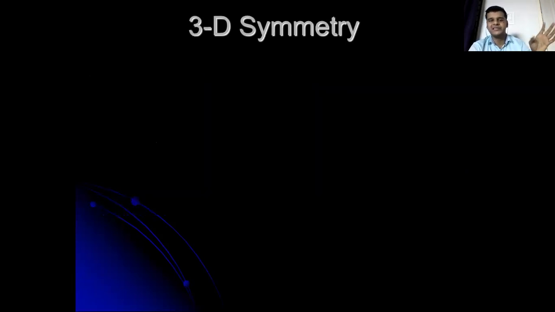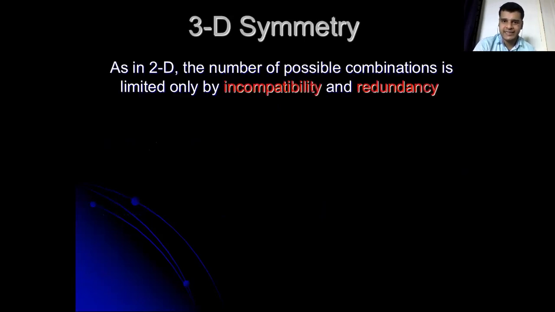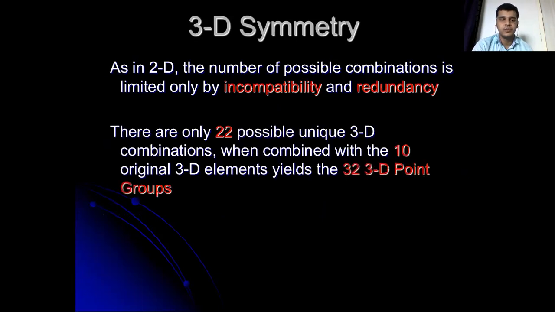Then, as I mentioned previously, we go for 3D symmetry in detail. As in 2D, the number of possible combinations is limited by incompatibility and redundancy. So there are only 22 possible unique 3D combinations.